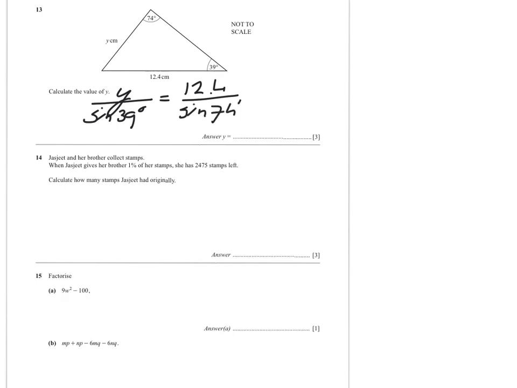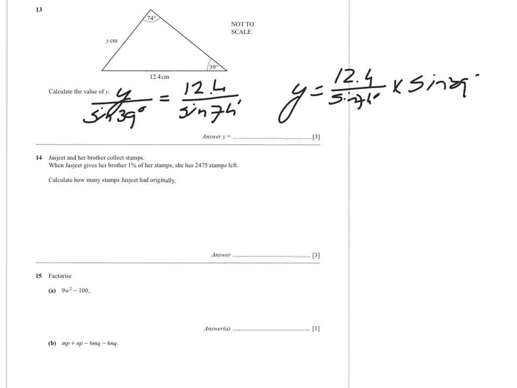There we go. And then you can write down y equals 12.4 over sine of 74 degrees times the sine of 39 degrees. And then you grab your calculator. 12.4 divided by the sine of 74.